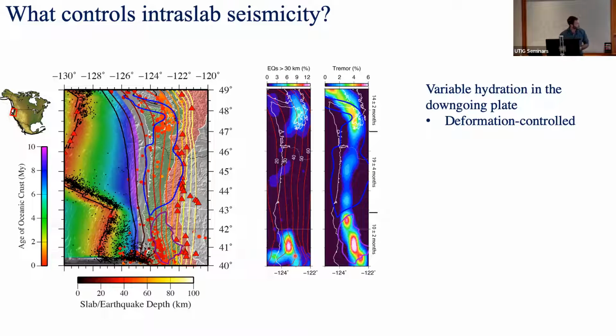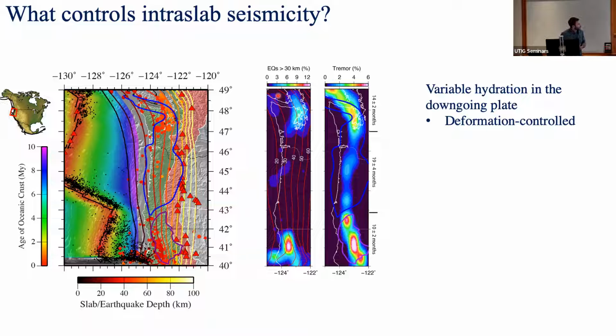So maybe that could explain what's happening in southern Cascadia and why we have so much intraslab seismicity. But we don't see that significant amount of intraplate seismicity in the Juan de Fuca plate further to the north. Makes it kind of hard to use that to explain why we have so much seismicity in that portion of the margin.